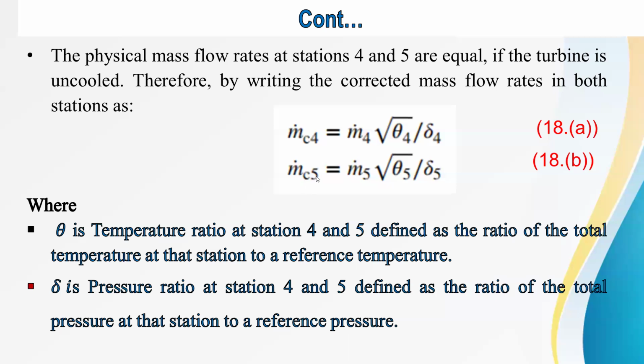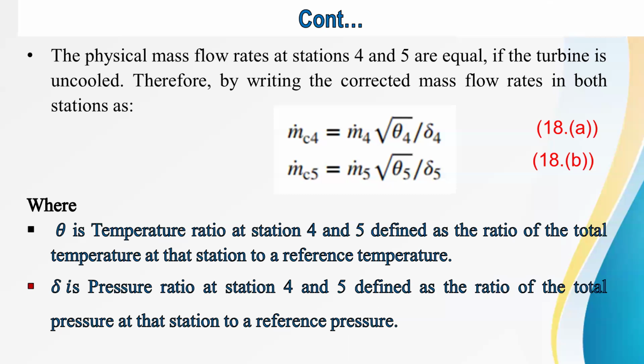And M5 is at the turbine exit point, which is the actual flow at 5, or the exit of the turbine. The whole times the square root of the temperature ratio at 5 divided by the pressure ratio. So that is what we have.